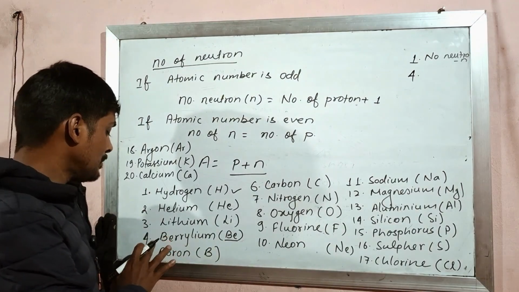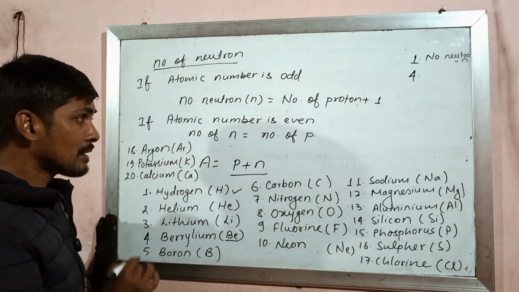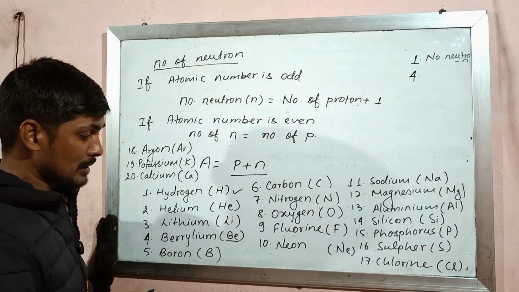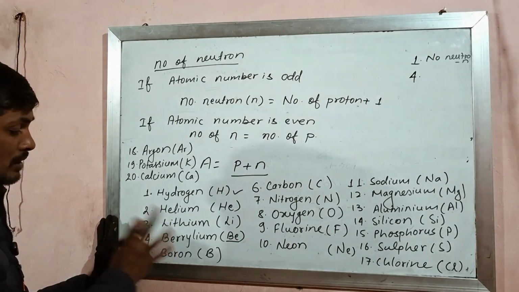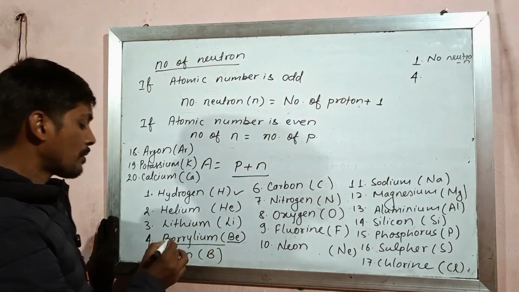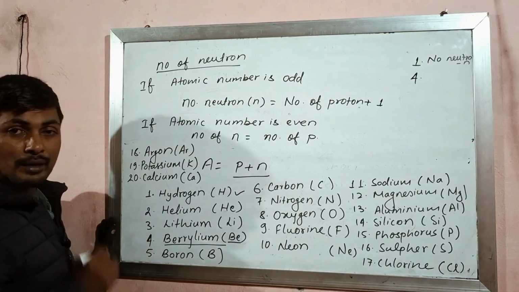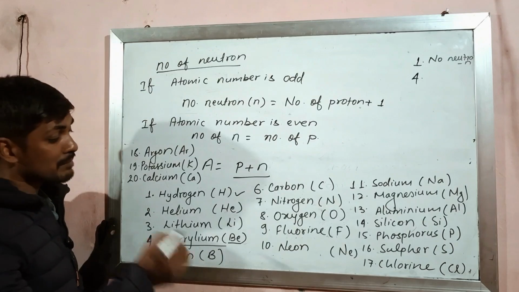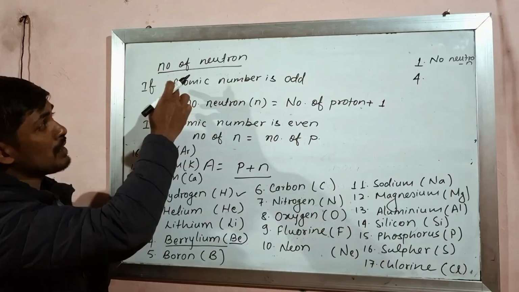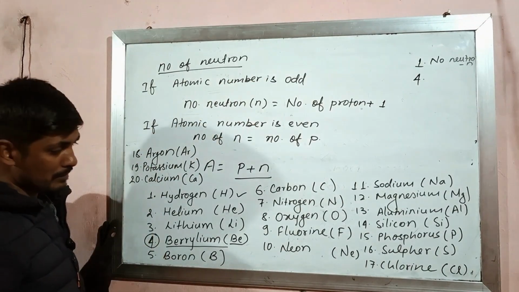We have beryllium atomic number 4. It is even number. That means number of neutron and proton should be equal. But it is not like that in case of beryllium. Here in beryllium, though the number of proton is 4, it is even number. The number of neutron in beryllium is 5, which is similar to the odd number case. So this 4 number we have to remember.